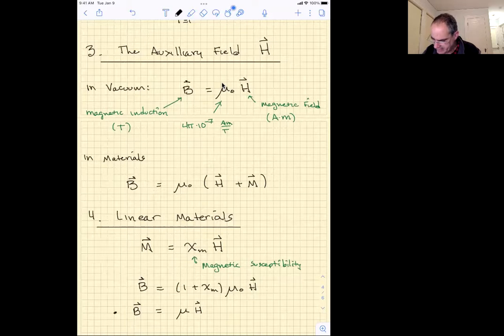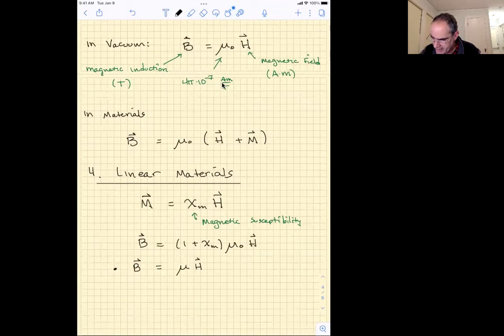So in linear magnetic materials, we can say that B is equal to the permeability of the material times H, where the permeability is simply mu naught times 1 plus the magnetic susceptibility. Okay? Couldn't be simpler. Very good. Well, that's really what I wanted to talk about.